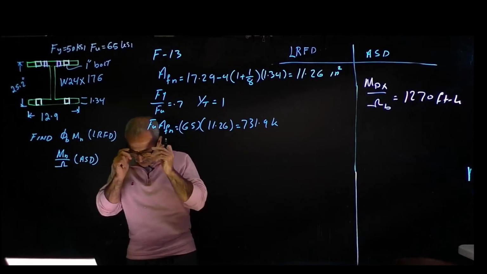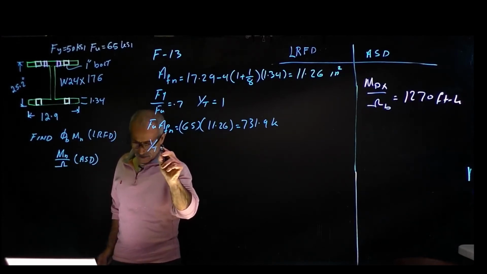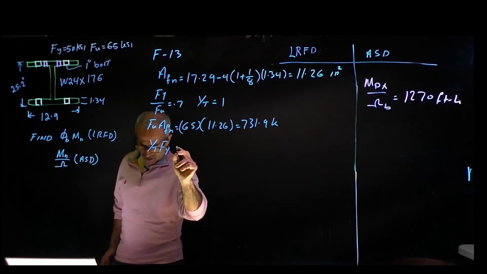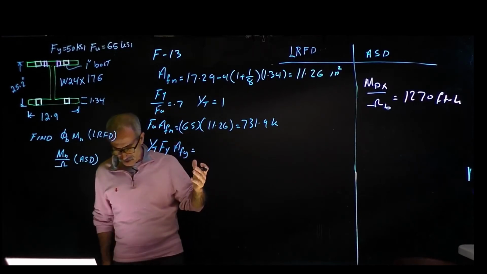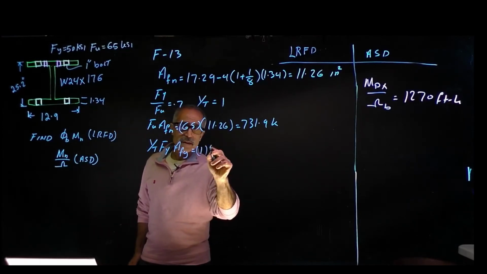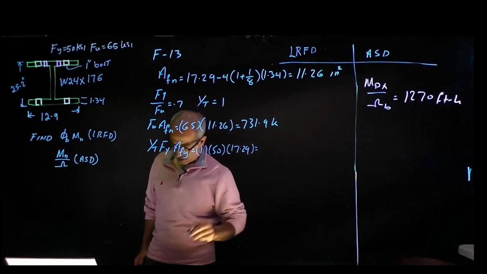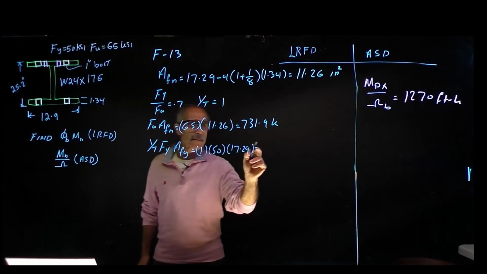At the same time, we want to know what was Yt times Fy times AFG, and that's the same as before. I'm not going to write it down, which was 1 times 50 times 17.29, and that came out to be 804 kip.